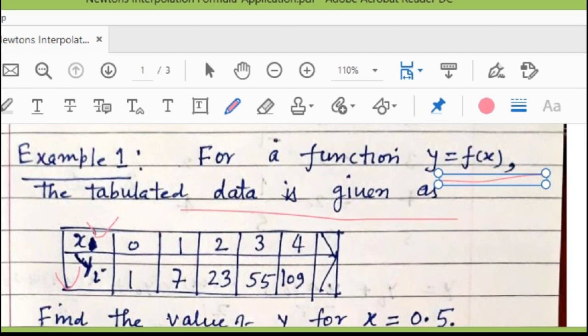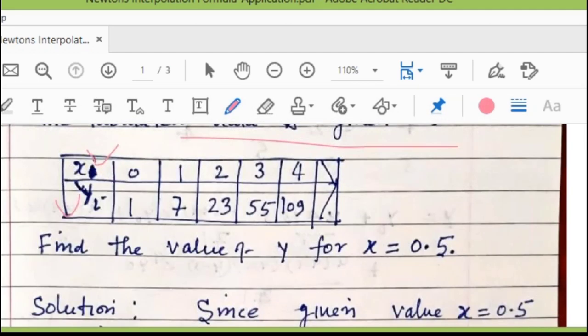There are 5 values of x, and similarly y corresponding to the given value of x, the independent variable, also popularly known as the argument. y0 is 1, y1 is 7, y2 is 23, y3 is 55, and so on. The last is 109.